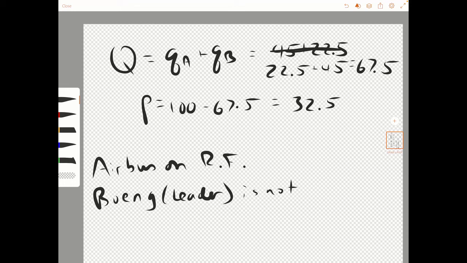But of course, things can get wonky here, and if Airbus reacts to what is happening, then they might start to ramp up their production. If they see that Boeing is producing 45 and they produce 45, then output shoots up, price falls, and profits fall as well. So let's do one last thing with the Von Stackelberg model.